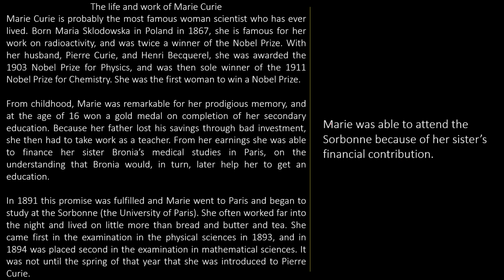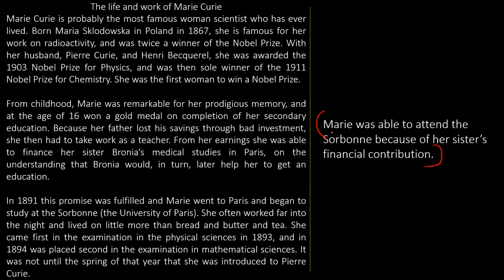And what we're going to do is we'll try to find the answer now. So, Mary was able to attend the Sorbonne because of her sister's financial contribution. I suggest you get all the information in the question by remembering it. Someone was able to attend somewhere because of someone. Again, same thing. Mary was able to attend the Sorbonne because of her sister's financial contribution.